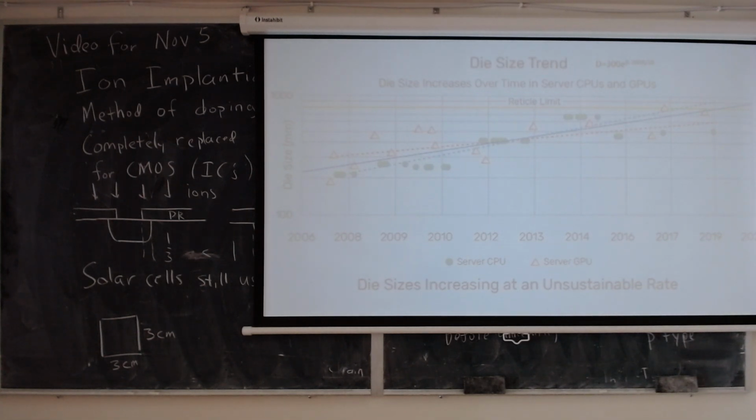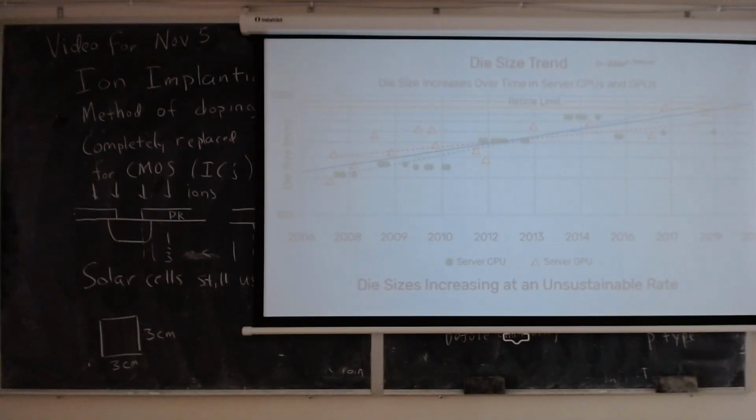I asked a few of my colleagues over the weekend what results in the reticle limit, and it's basically optics. The optics of the projection lithographic machine is limited to 3 centimeters on a side.